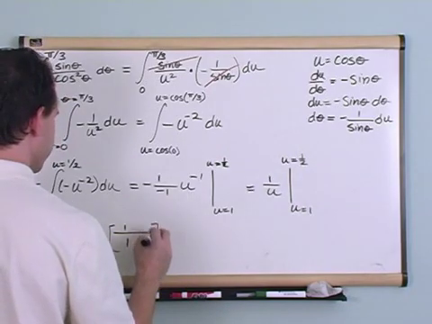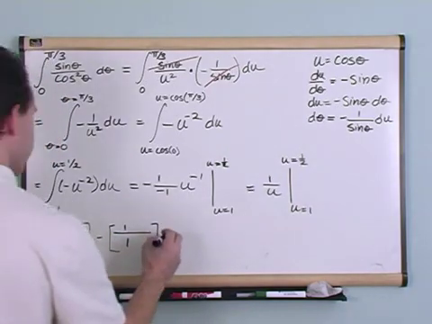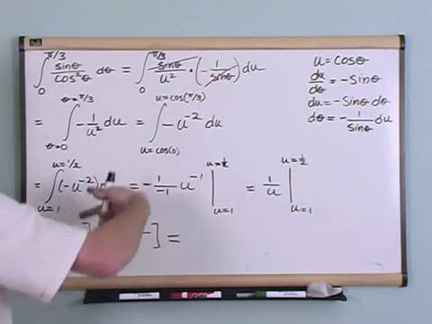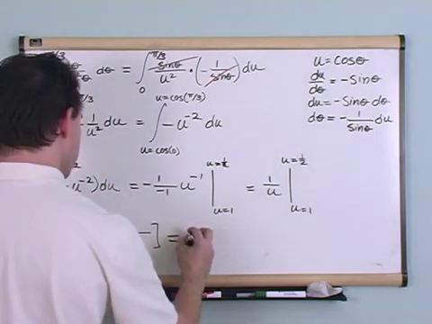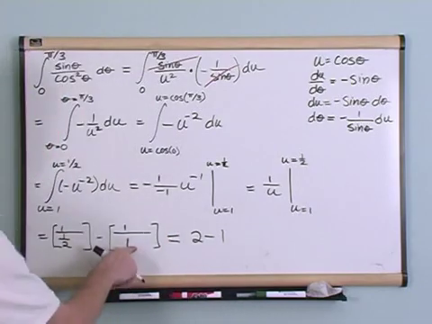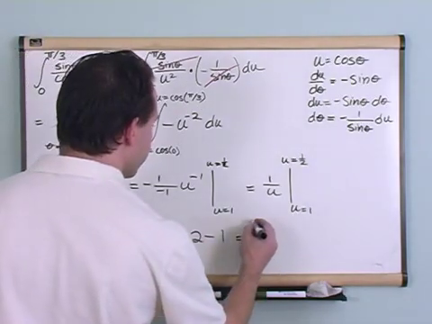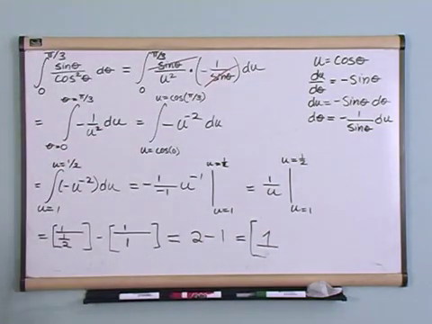Over here, 1 over 1/2, you flip it over, it's going to be 2 minus 1. This is just going to be 1. And so in the end, the answer is a big fat 1.